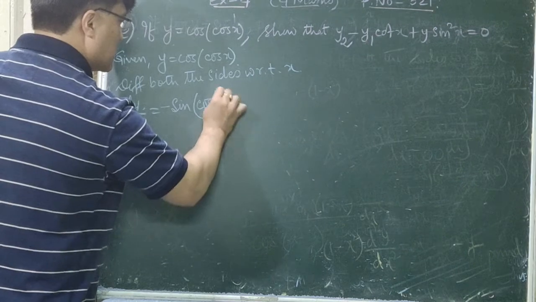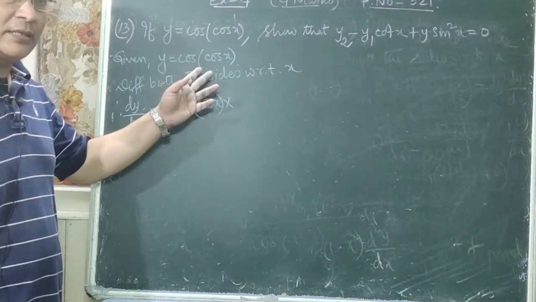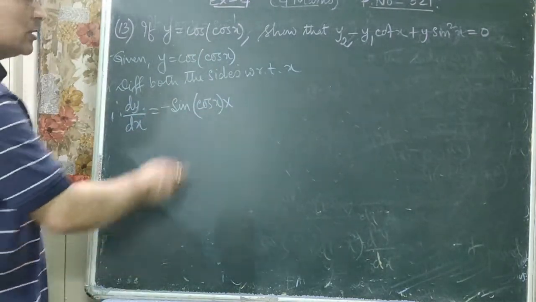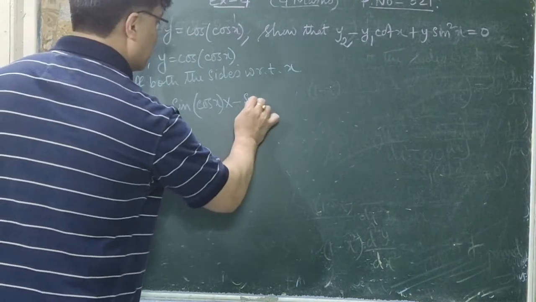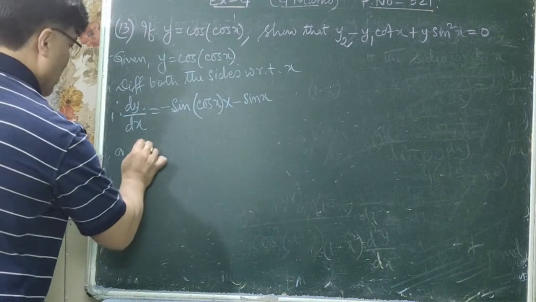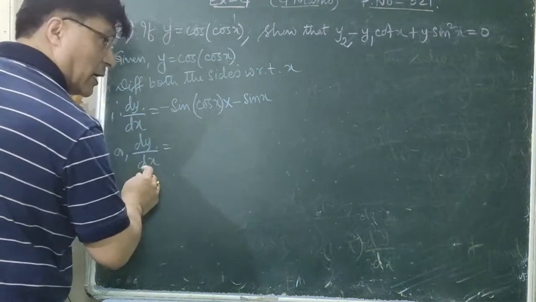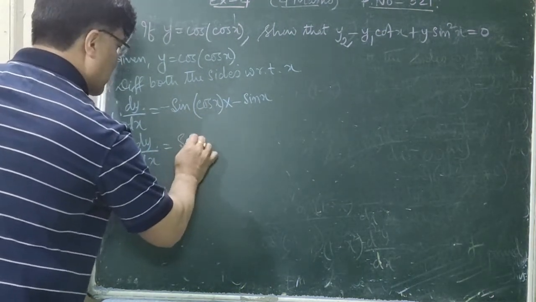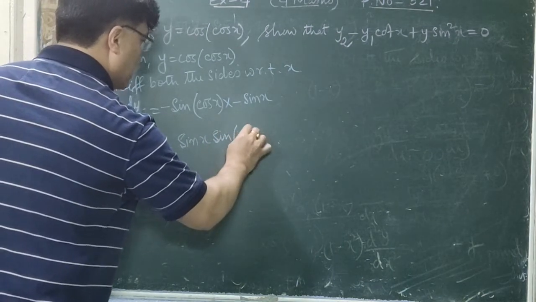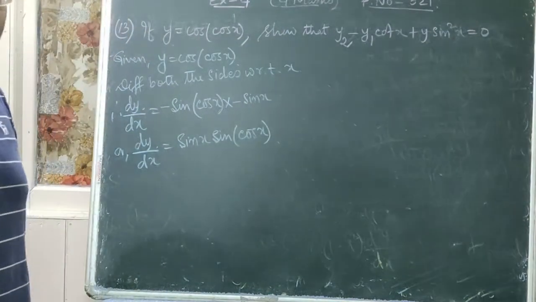It is cos x, into, again differentiate the term which is cos x. What is the differentiation of cos x? Minus sin x. Okay, so dy/dx is equal to, this is minus into minus plus, you first write down this sin x, then sine of cos x. Is that clear to all of you?